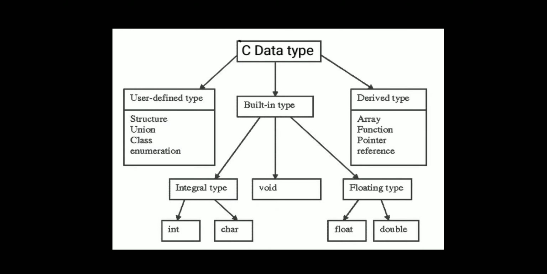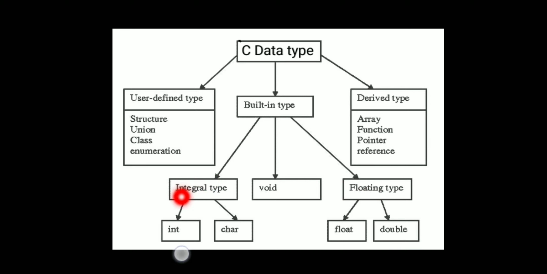See here, here is the diagram of the C data type. C data type is classified into built-in data type, derived data type, and user-defined data type. Built-in data type is again categorized into two types, integer and floating point.